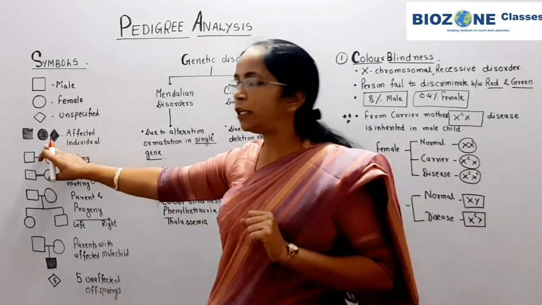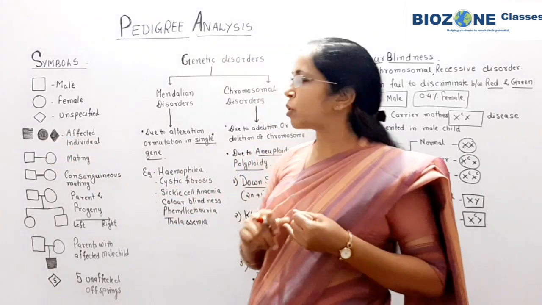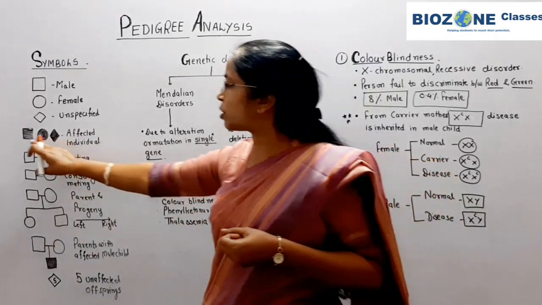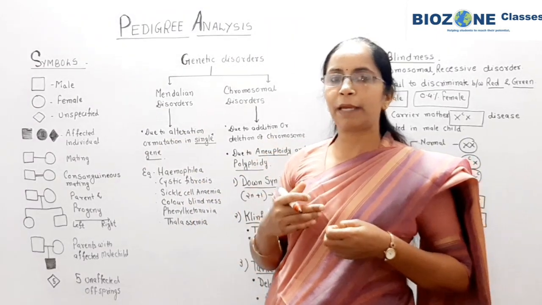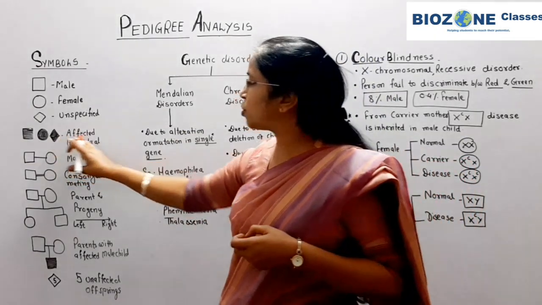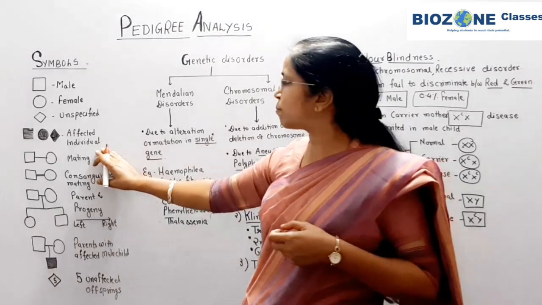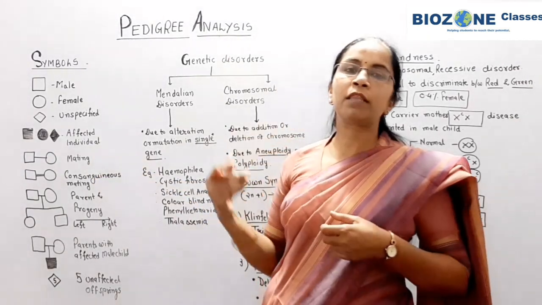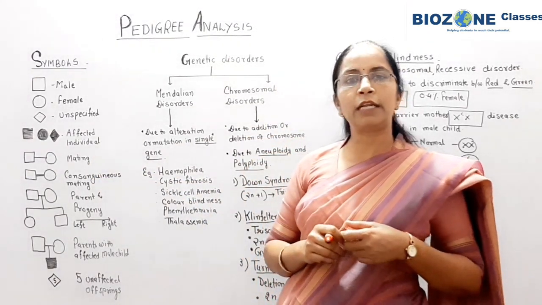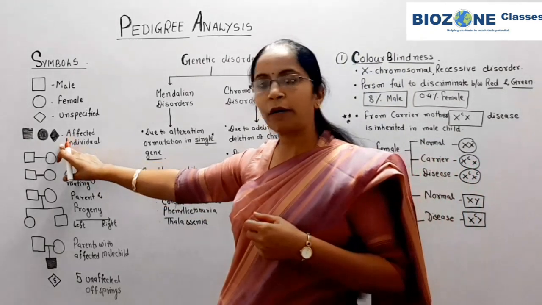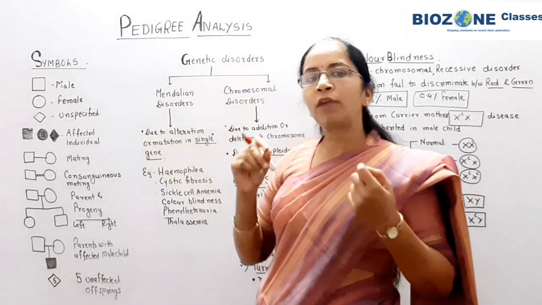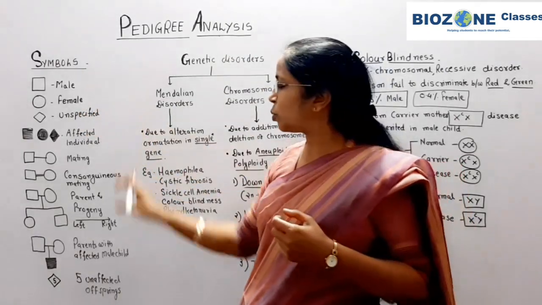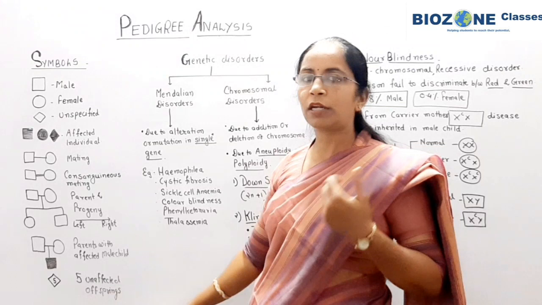But when the box, circle or this structure appears completely shaded and blackish in color, in that case remember the individual is affected with the specific kind of genetic disorder. So remember this for the disease. One another symbol we use in case of female, but that is not explained in your textbook.